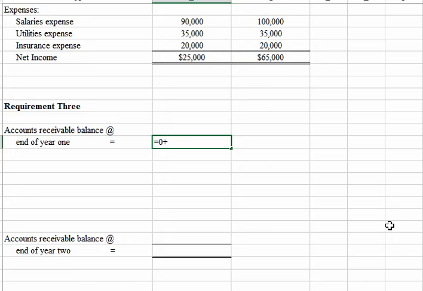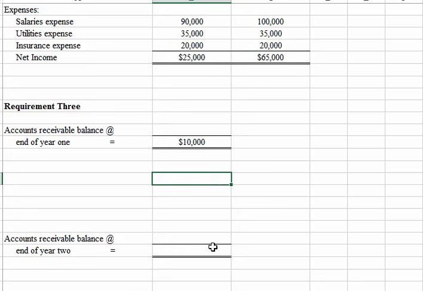Amounts billed to customers for services rendered, $170,000. Minus, what did we collect from customers? $160,000. It gives us an accounts receivable balance at the end of year 1 of $10,000.